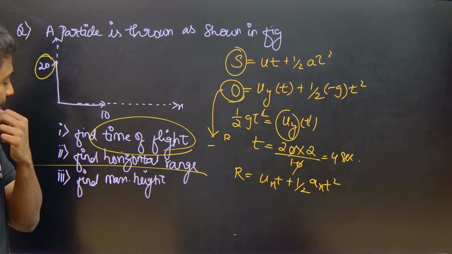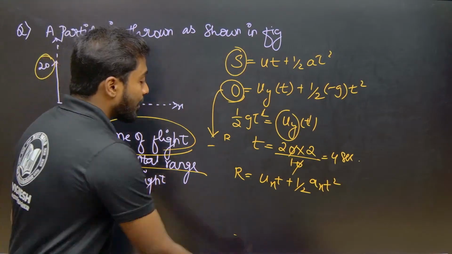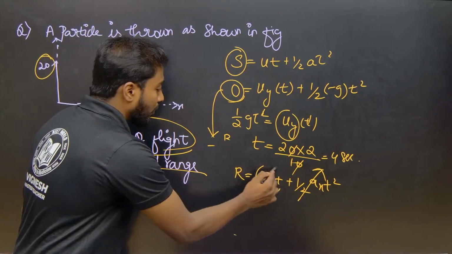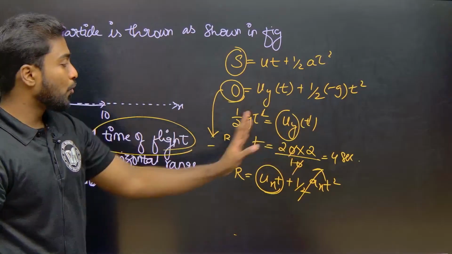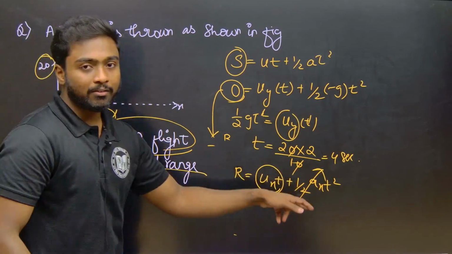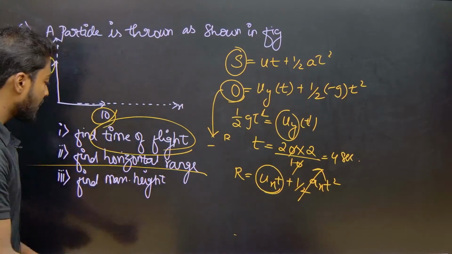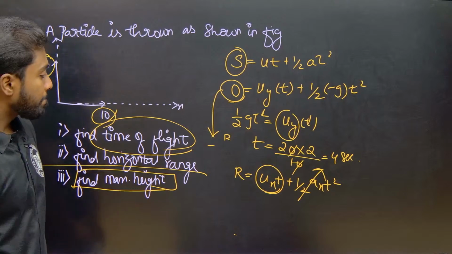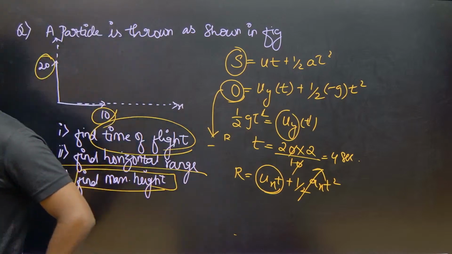Here ax is 0, so I can neglect it. So by using ux and t, that is 4 seconds, and I can multiply with 10, that is ux, I will get the answer for the range. So give the answer for the maximum height guys.